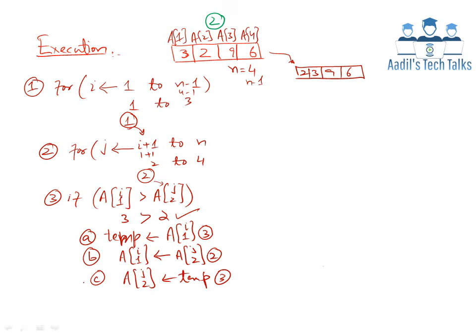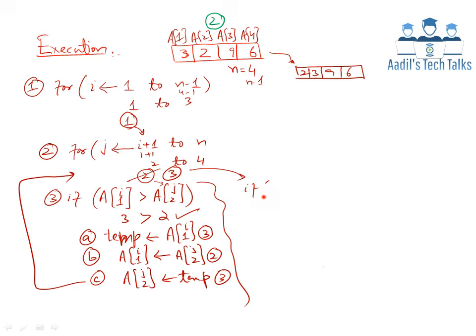Now from here we will come there, and now the value of j is incremented to 3. We come there.